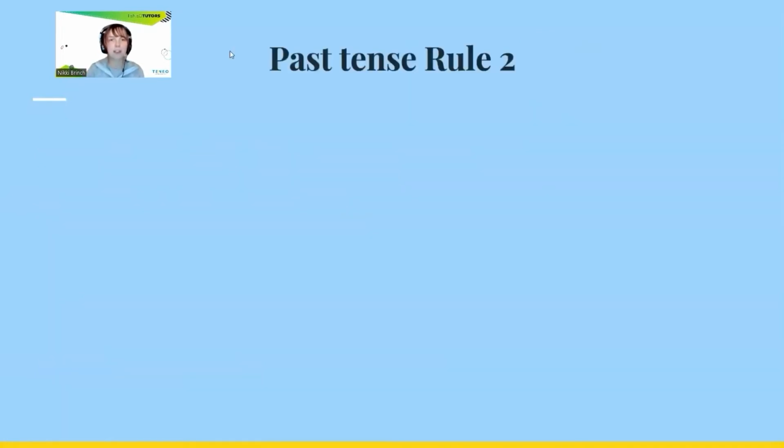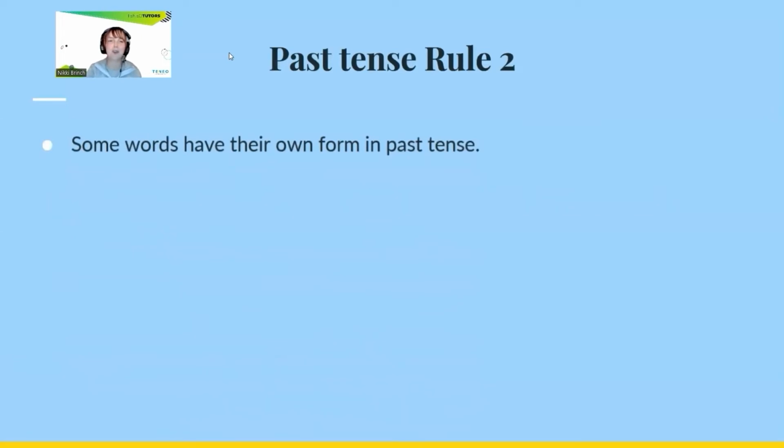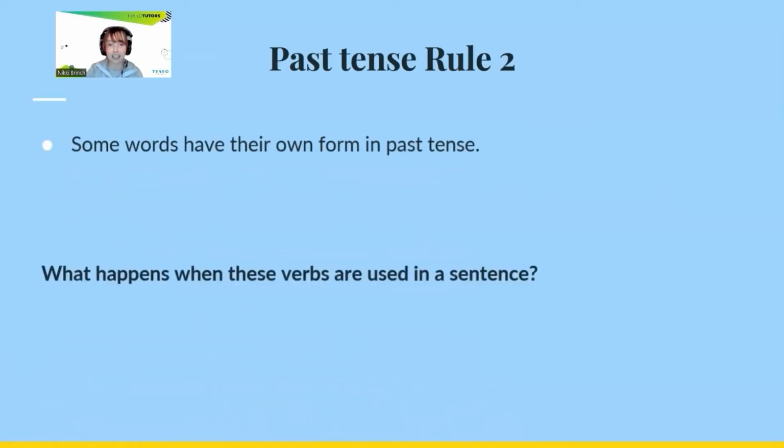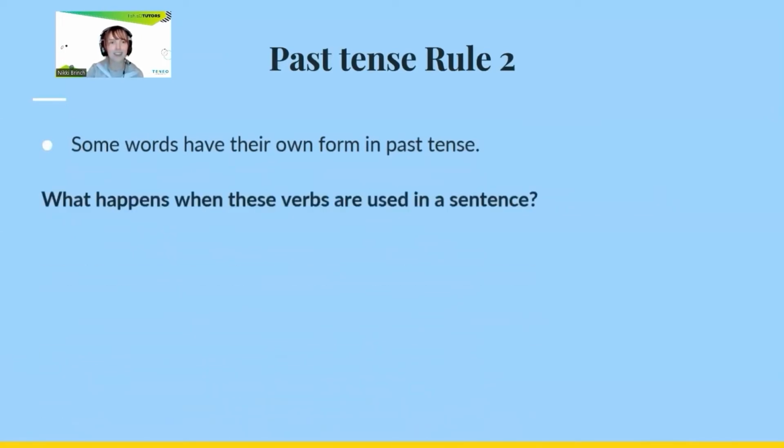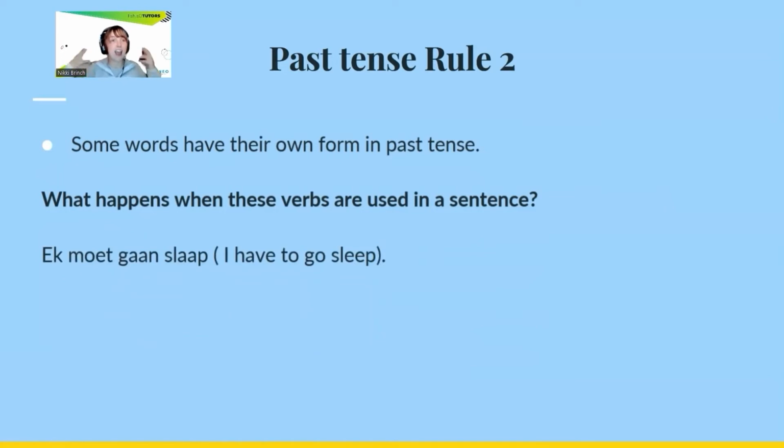Now, the second past tense rule: some words have their own form in past tense. For example, "ek moet gaan slaap", which is I have to go to sleep, becomes "ek moes gaan slaap". So moet becomes moes.